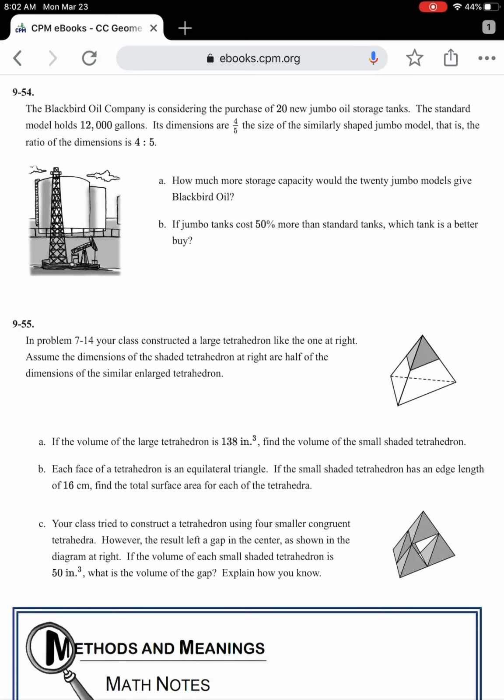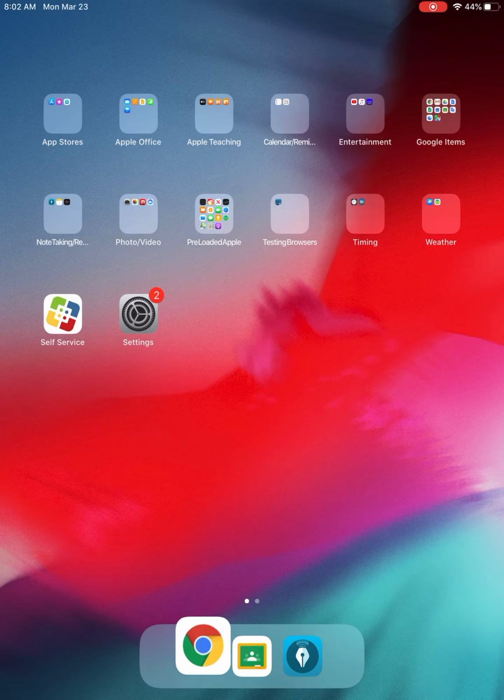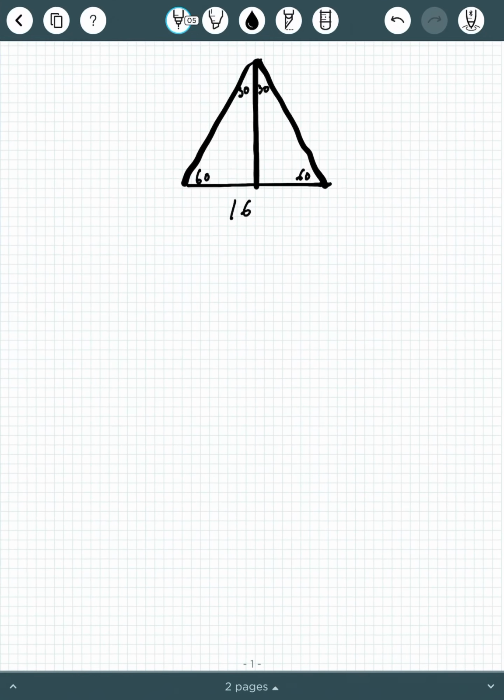So in part A, where they say if the volume of the large one is 138 inches cubed, find the volume of the small shaded one. Well, that just relies on our knowledge of scale factors.